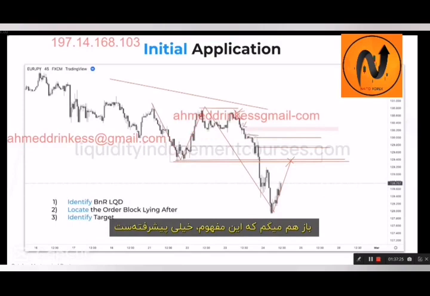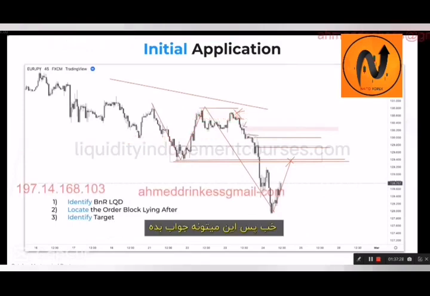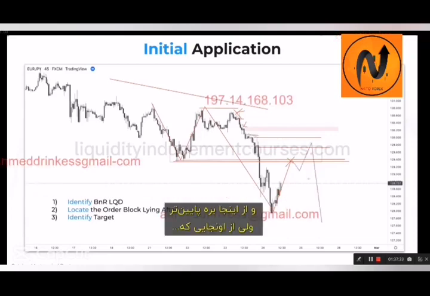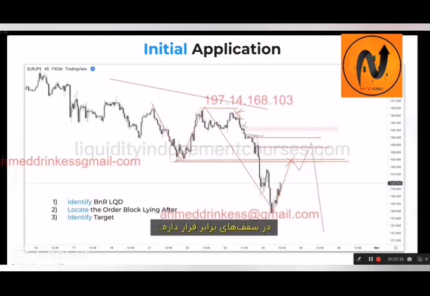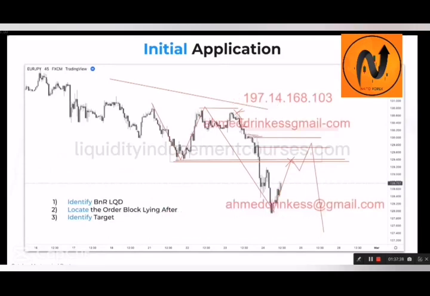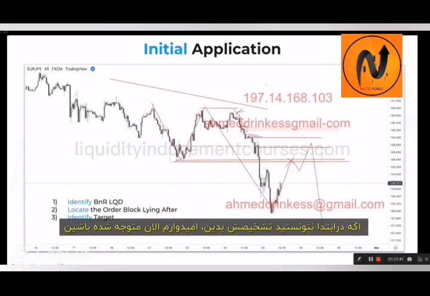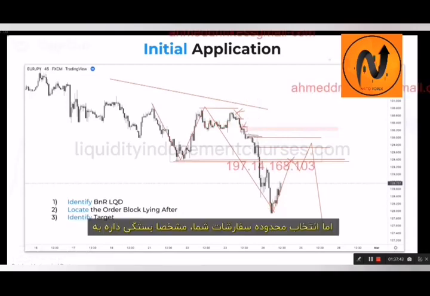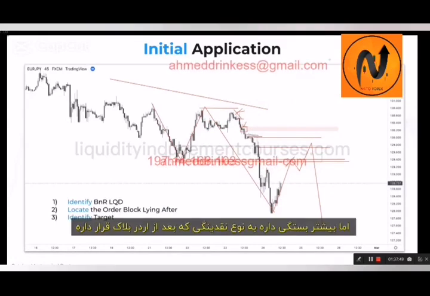Again, this is a more advanced concept we're going to be going over throughout as we're learning. So this can work. It can work right here to go lower, but because we do have it lying at equal highs, most likely it can come up to the one just above, right? So if you didn't identify it, hopefully you understand now, but your order block selection is going to be specifically contingent on the types of liquidity that lie before it, but more importantly, the ones that lie after it.